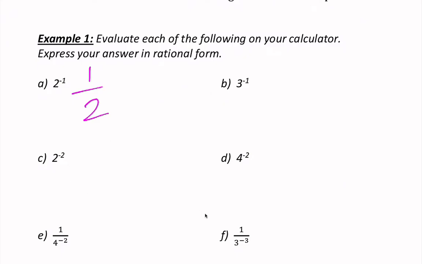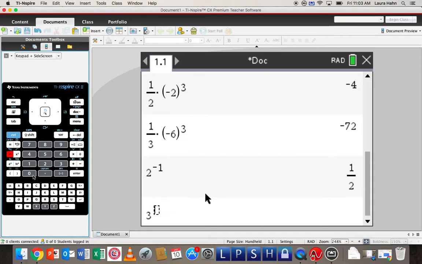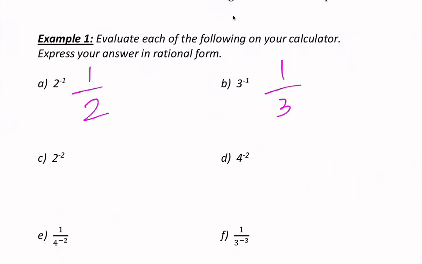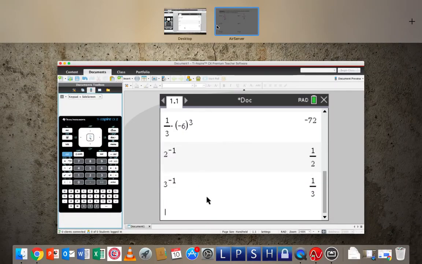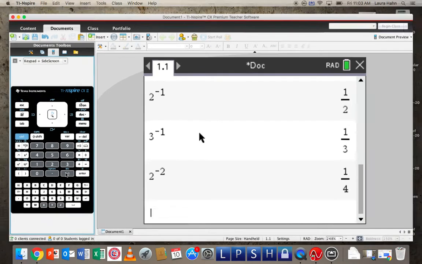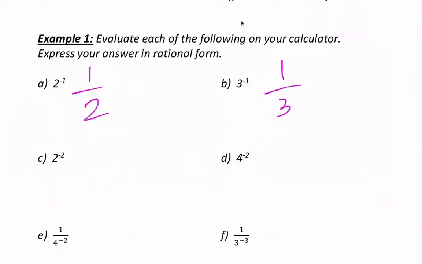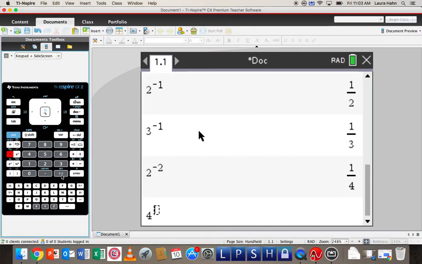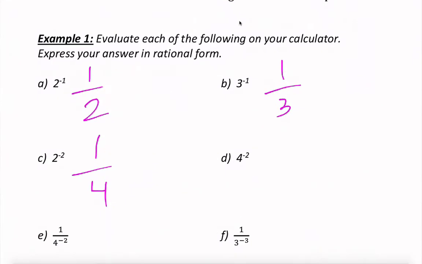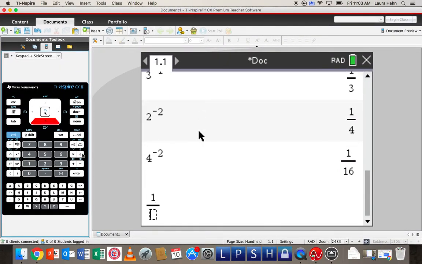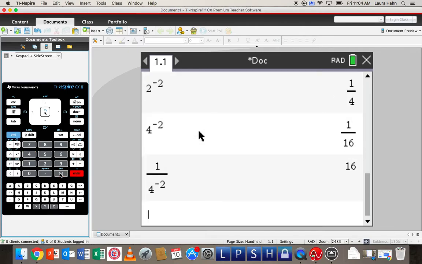And I'm going to do the same thing for each of these. So 3 to the negative first is 1/3. 2 to the negative second, it's 1/4. 4 to the negative second is 1/16. 1 over 4 to the negative second is 16.